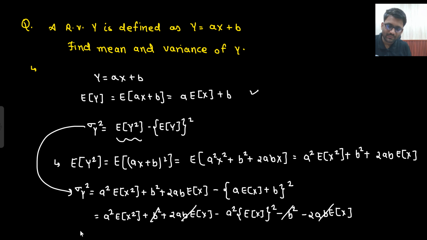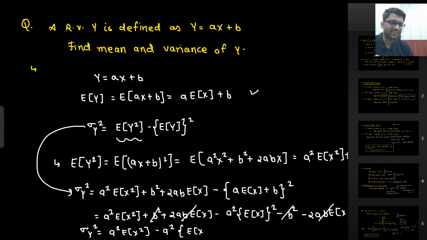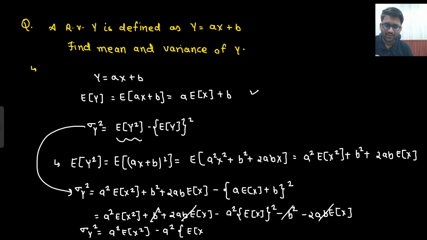So sigma y square, what am I getting? A square expectation of x square minus a square expectation of x. I think I should add a page. Okay, let's not. So let's write down the last step on the next page only.